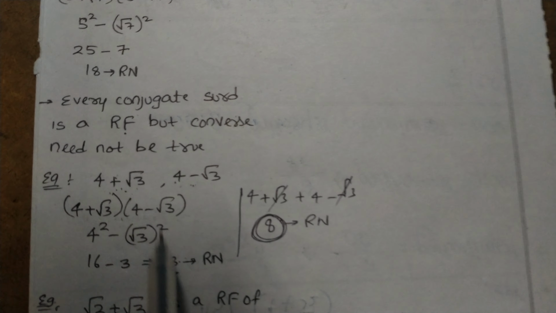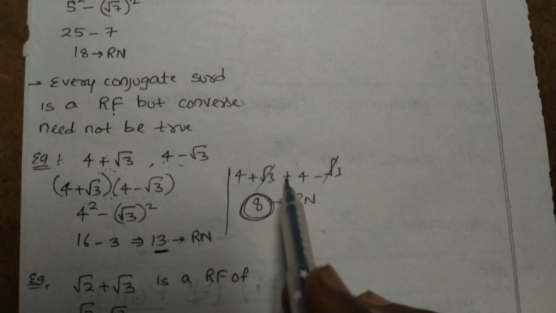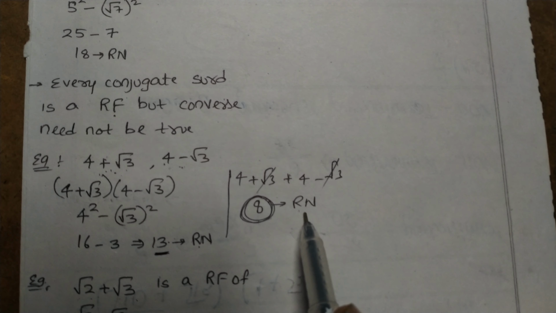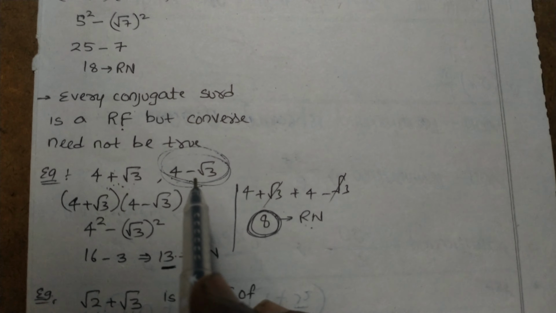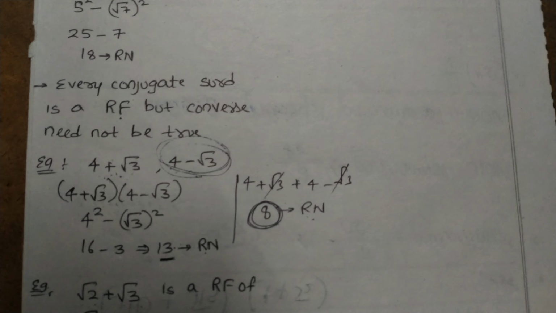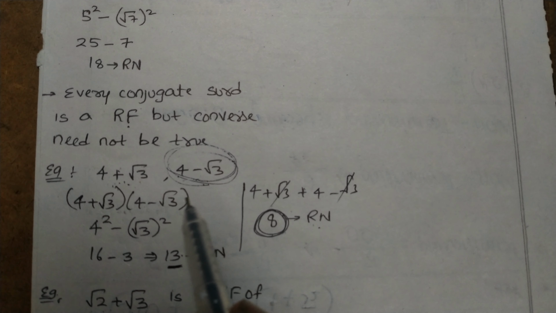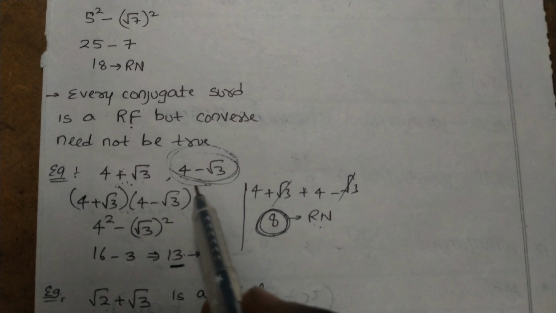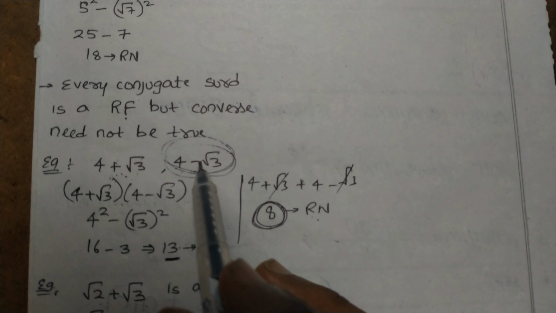That means here if you are multiplying also you are getting a rational number, if you are adding also you are getting a rational number. That means this 4 minus root 3 is the rationalizing factor of this 4 plus root 3. Already this is a conjugate, we are trying to prove that this conjugate is a rationalizing factor or not. We got the solution that it is a rationalizing factor.